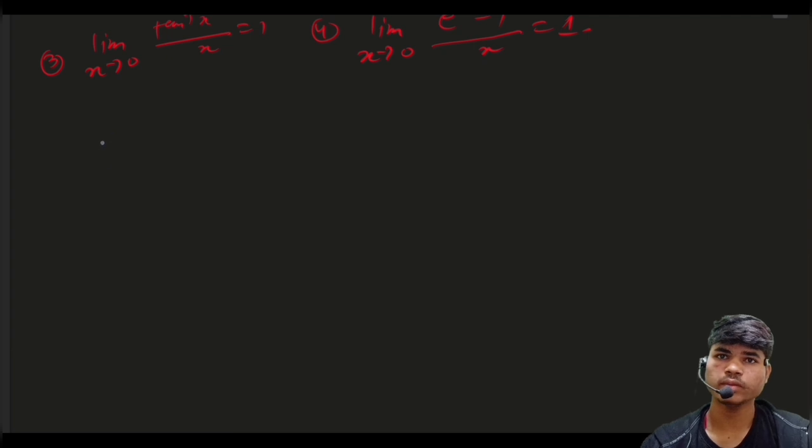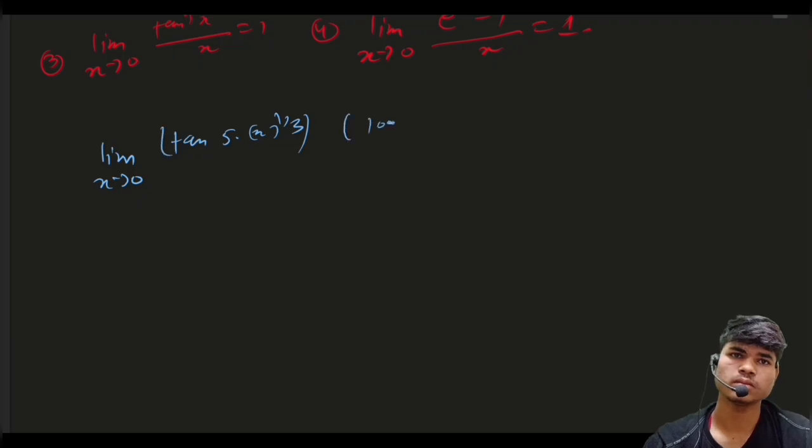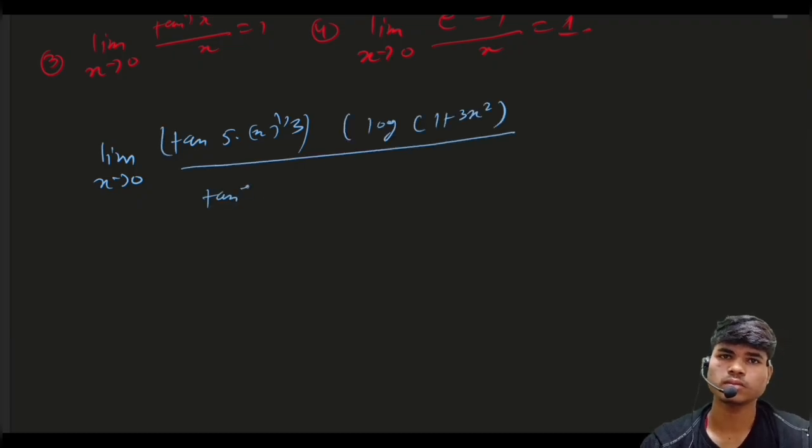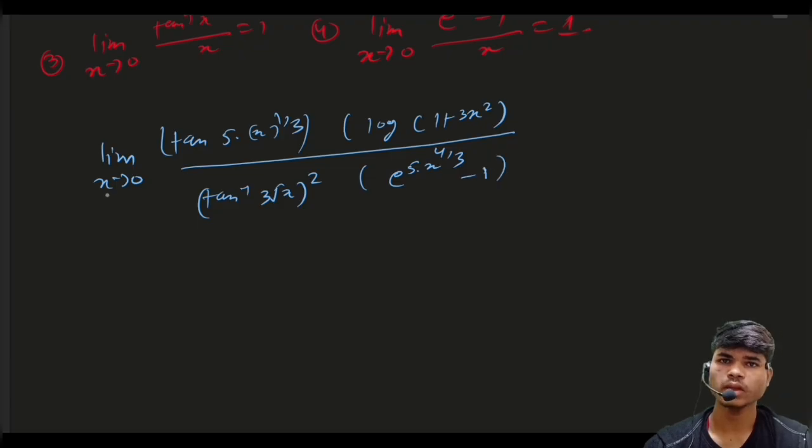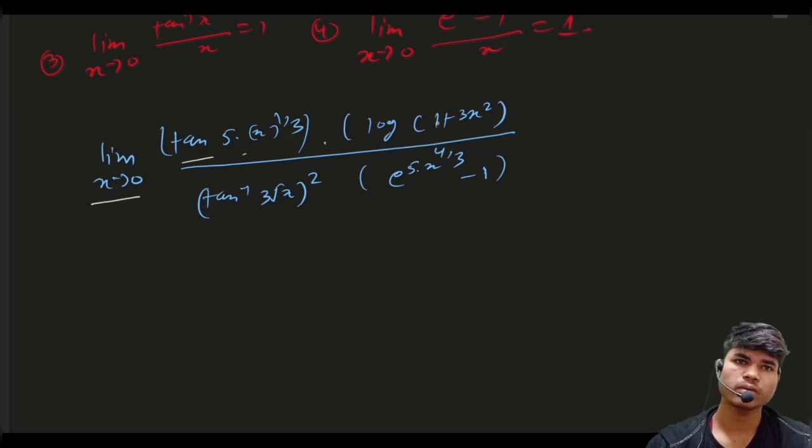So we have limit x tends to 0 tan of 5 into x to the power 1 by 3 into log 1 plus 3x square all divided by tan inverse of 3 root x whole square into e to the power 5 into x to the power 4 by 3 minus 1.